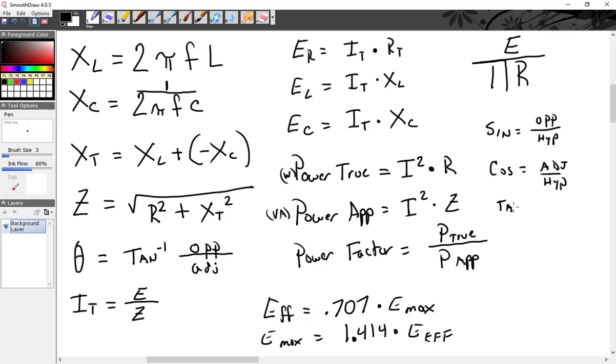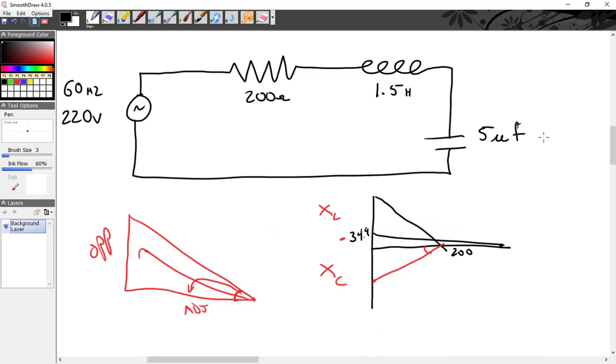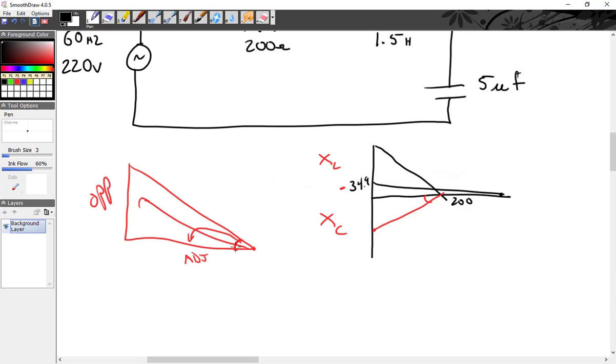And tangent equals opposite over adjacent. So I could have picked any one of these to get the angle. Any one I wanted. If I want sine, I just use the opposite over hypotenuse. The opposite is always going to be the opposite from this corner, and this is the hypotenuse.